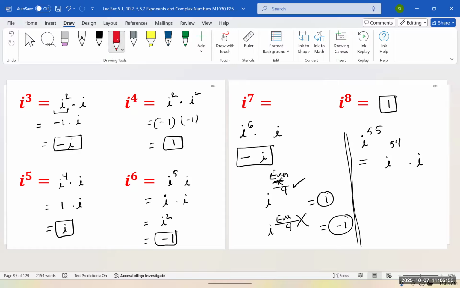Now, can you divide 54 by 4? No. Since you cannot divide, what will be our answer? Negative, and we bring down our i. So step by step, since we could not divide, this is -1, and we have our i down, so the answer is -i.